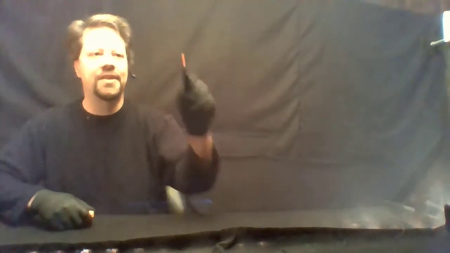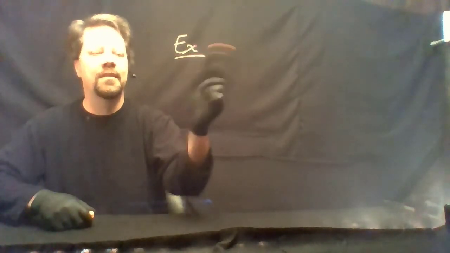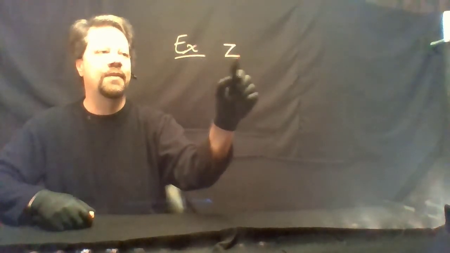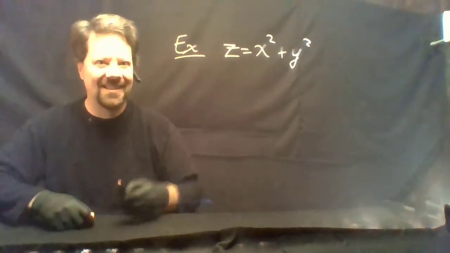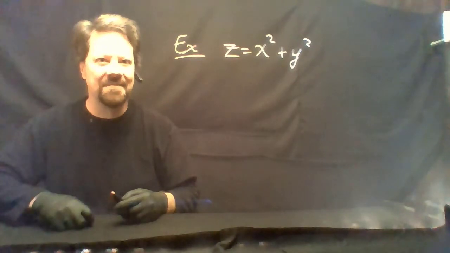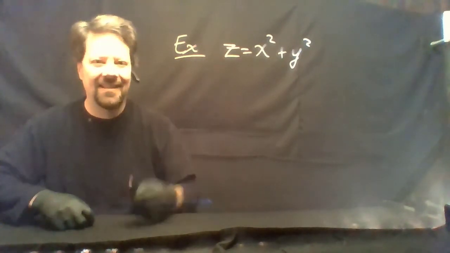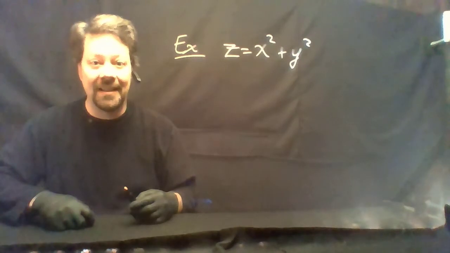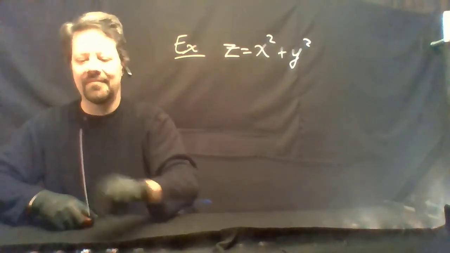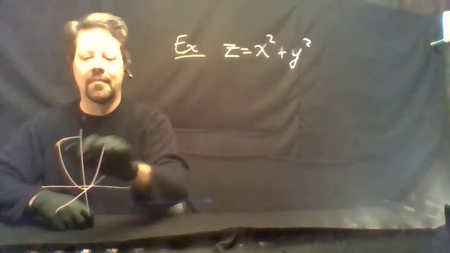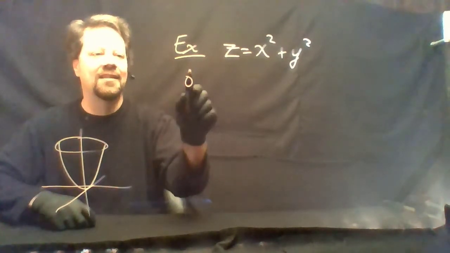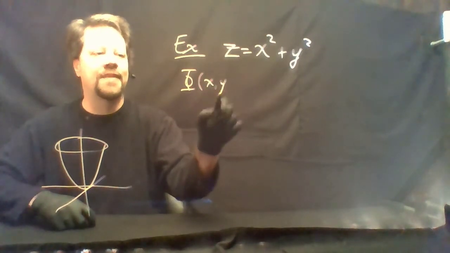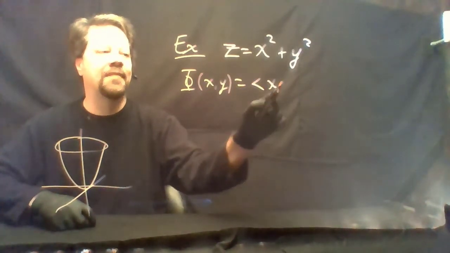Just as with curves, there is no one parameterization for a surface. So for example, suppose I'm dealing with the surface z equals x squared plus y squared. Can you identify that kind of surface? That is an elliptic paraboloid. It has rotational symmetry around the z-axis, you realize. One parameterization involves x and y in an obvious way.